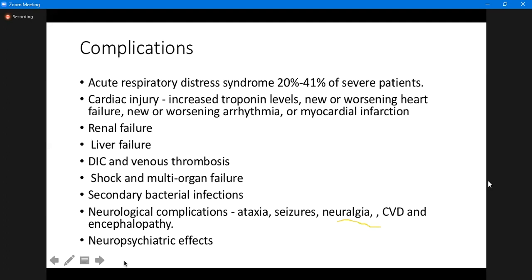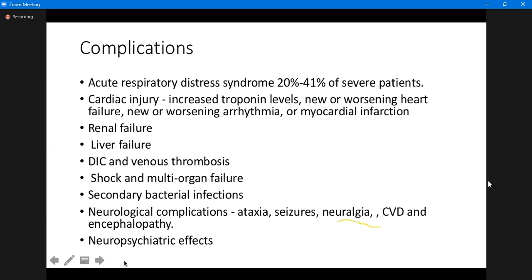But whatever is observed is renal failure due to hypercatabolic state, and always the potassiums are very high, needing dialysis. Then the liver failure, not so much as the cardiac or the renal, but DIC, venous thrombosis, they are well reported. Shock and multi-organ failure, again well reported.